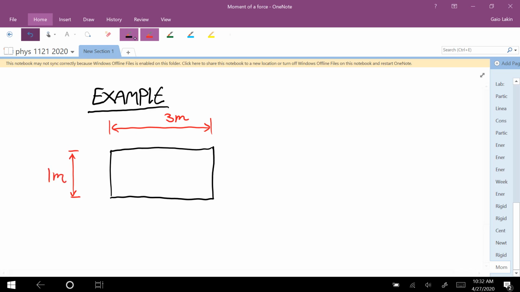And let's say that the axis is here. Okay. And let's say that a force of 100 newtons is applied like this. Okay.